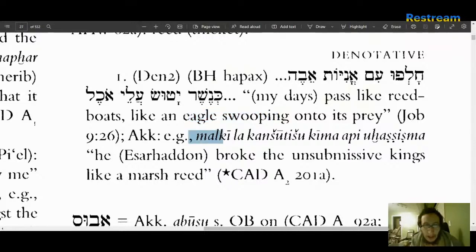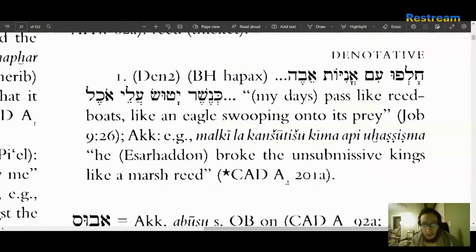So Malki is kings in Akkadian, and Kima is like. Api is a reed, and then Uhasisma is probably marsh, if I had to guess.